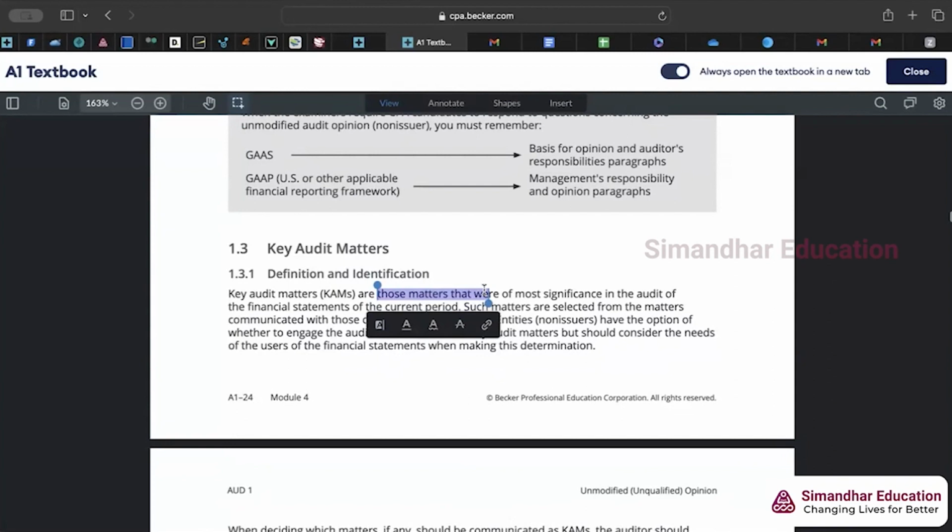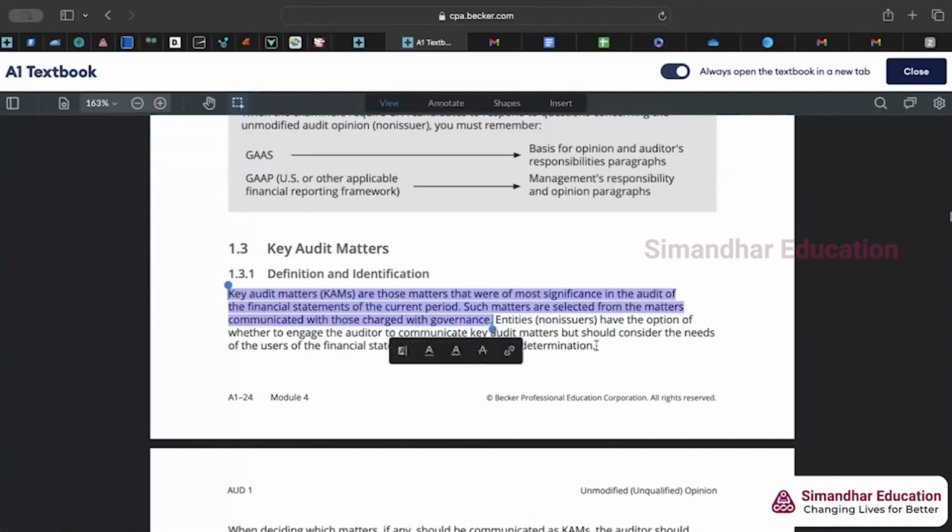They have used different terminologies. That is the difference, nothing else. There is no scope difference. Key audit matters are those matters that were most significant in the audit of the financial statements. They are selected from matters communicated with those charged with governance.